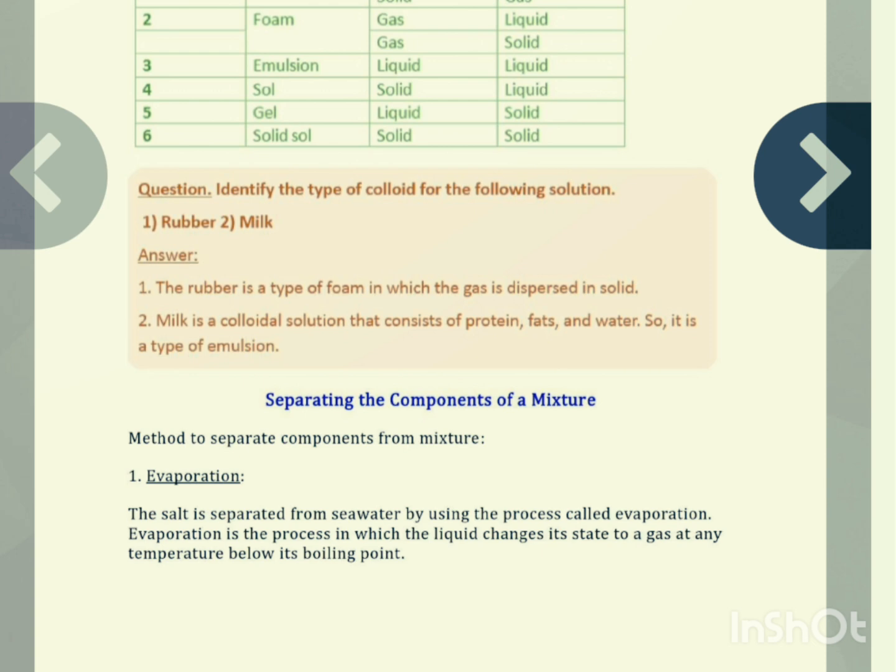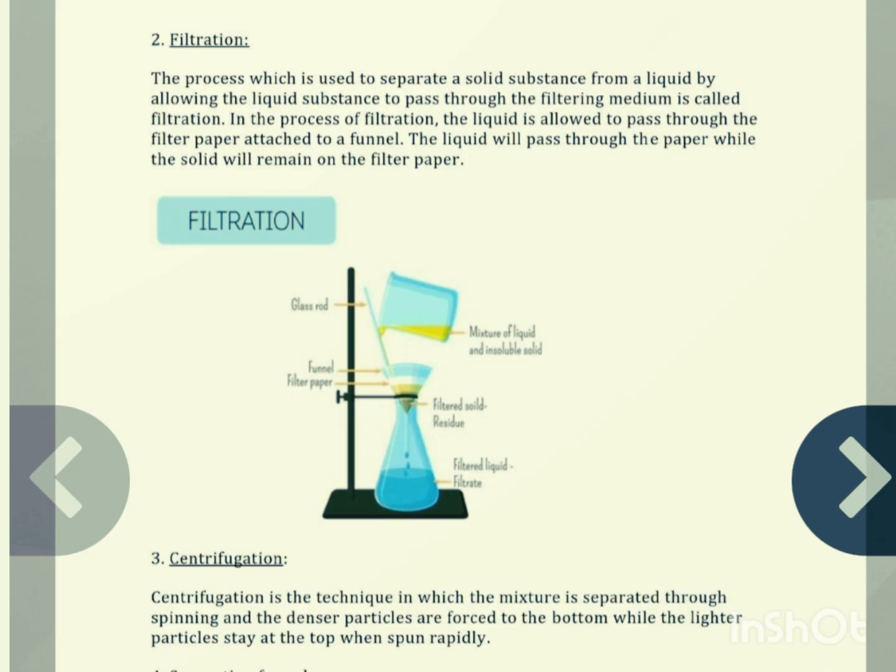So what we do is, we take the salt water from the sea and make it dry in the open sunlight. Due to the evaporation, the water will dry up, and in the end we get the product as salt. Next we have filtration, the second method.